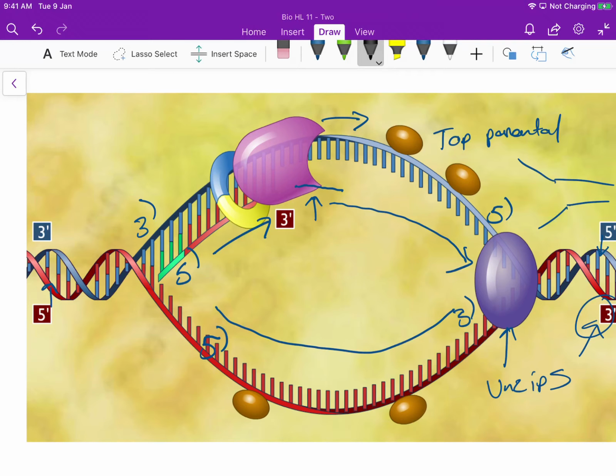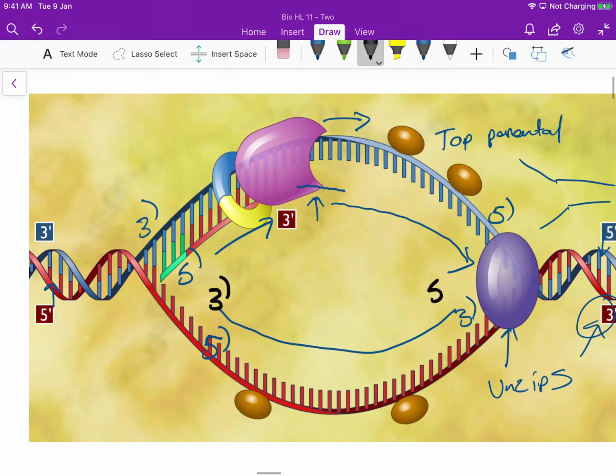The new strand must be 3' here and 5' up there, because it's the opposite. That means that we can't just get another polymerase attaching and adding towards the zip and continuously synthesizing towards the fork. That would be too easy, too convenient.